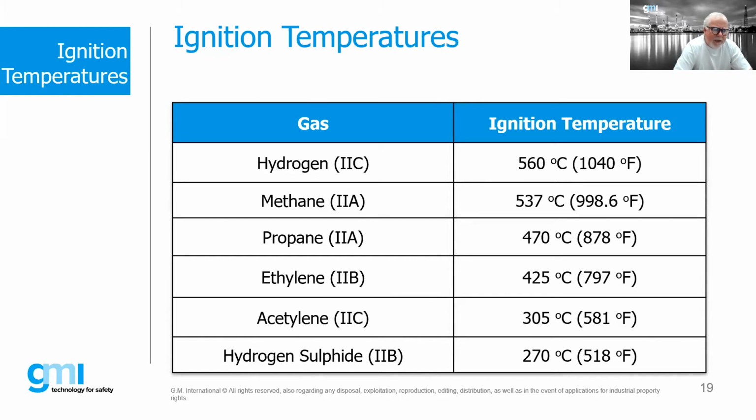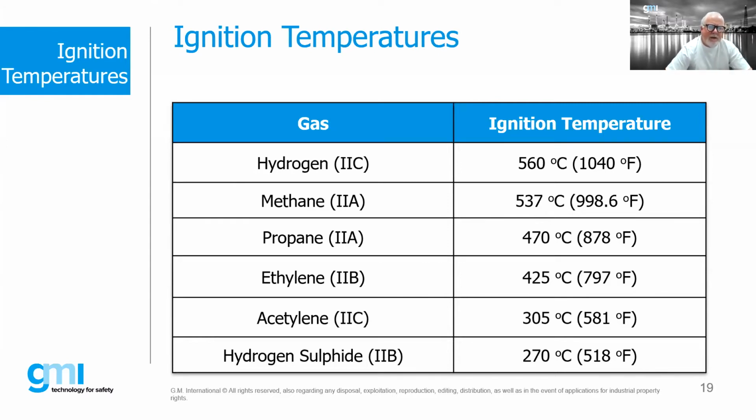But we find other gases, maybe hydrogen sulfide, which is a 2B gas, which isn't quite as onerous or dangerous necessarily as hydrogen, but in reality, it has a lower ignition temperature. So actually, with regards to heat producing devices, even though we think hydrogen is the most dangerous or one of the most dangerous gases, hydrogen sulfide can be very difficult to deal with because it ignites at a much lower temperature.